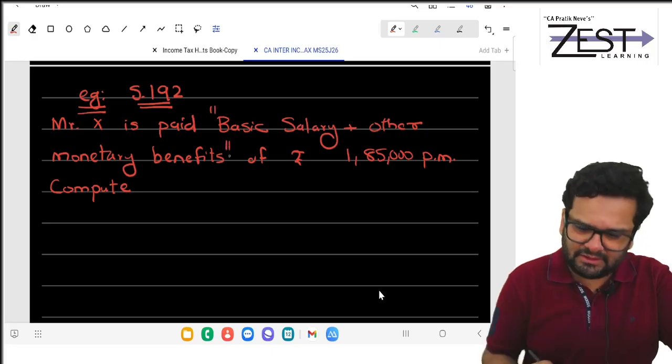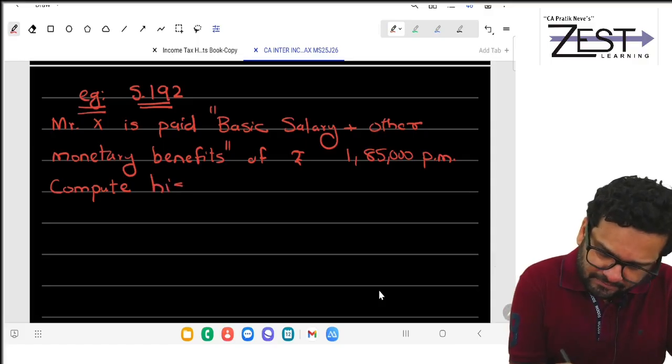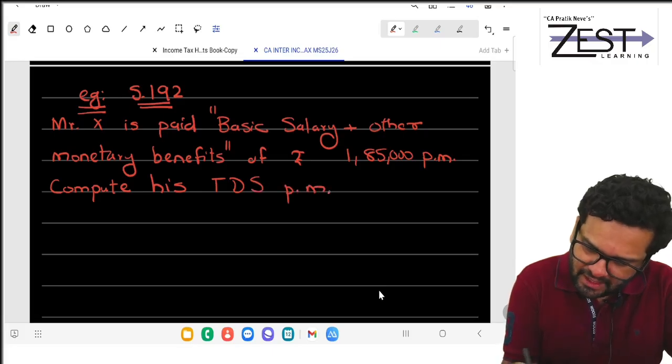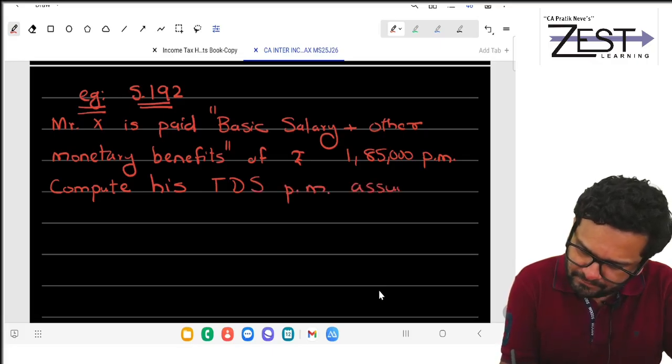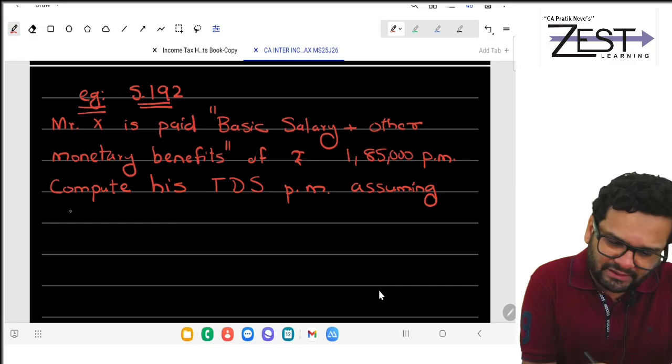Compute his TDS per month, assuming there are no other elements of salary.